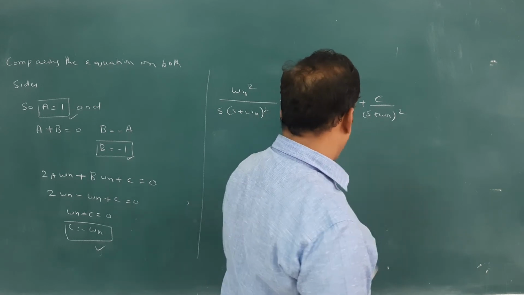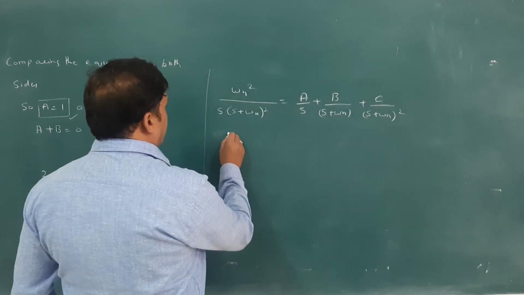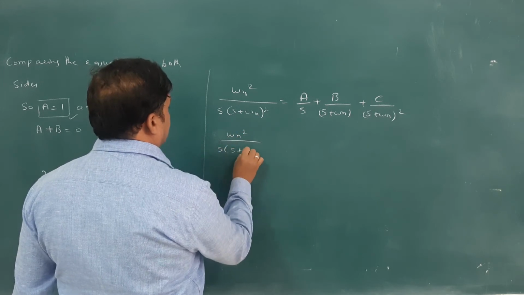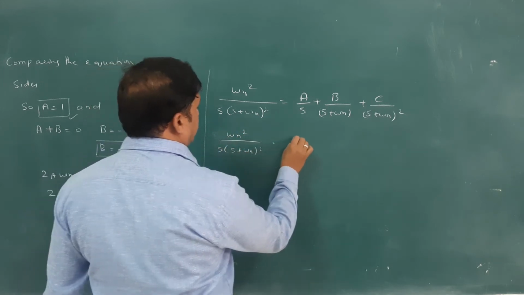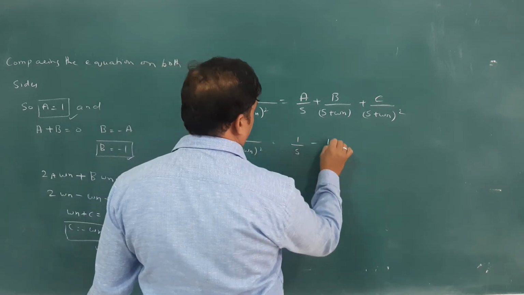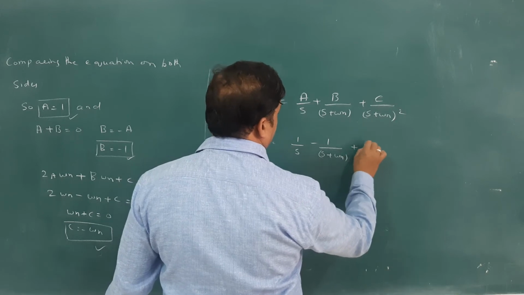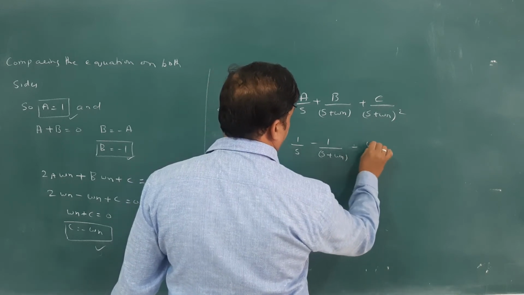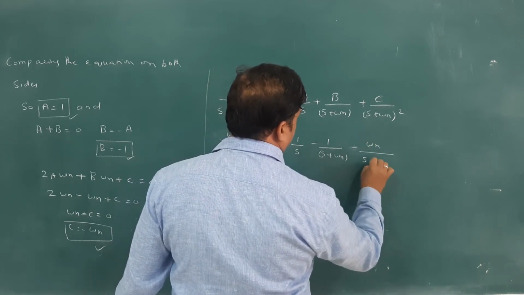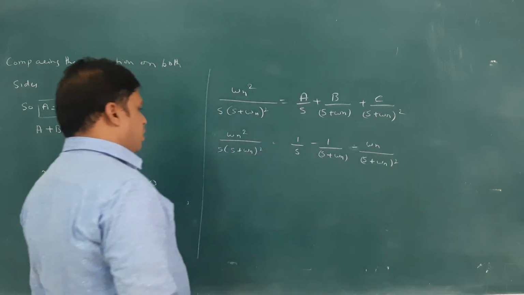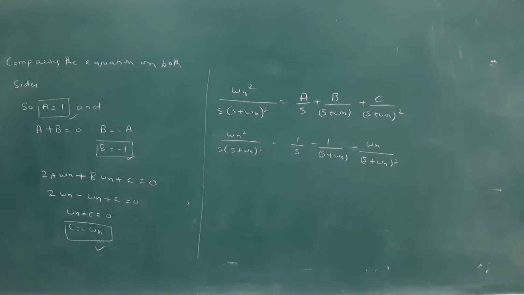Omega n square by s into (s plus omega n) whole square is equal to 1 by s minus 1 by (s plus omega n) plus minus omega n divided by (s plus omega n) whole square. By substituting these values, we are getting the following equation.